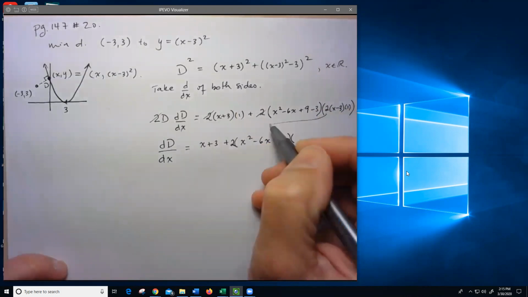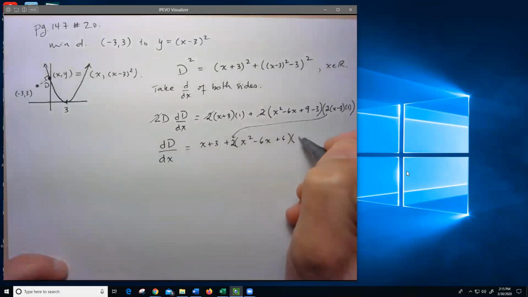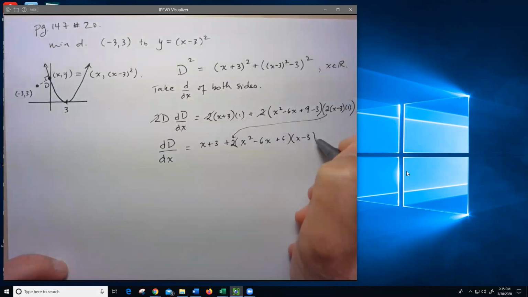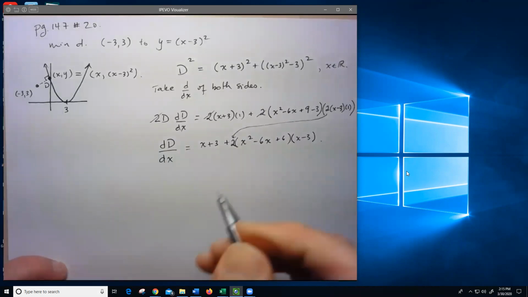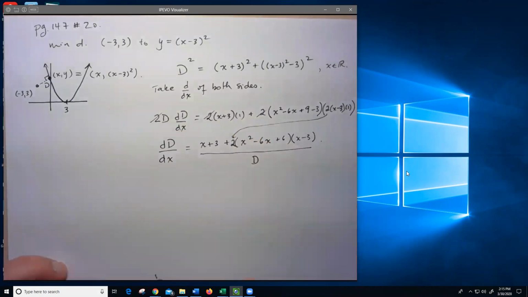Okay, so you see there, I'm just putting that factor on the outside, and then I have to multiply this by x minus 3. Okay, and of course this d now gets divided to the other side of the equation.